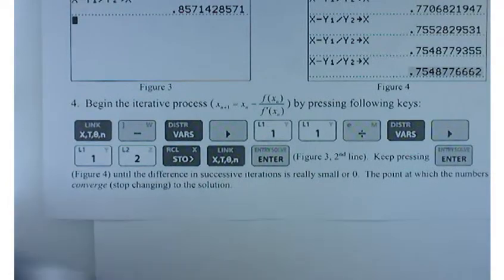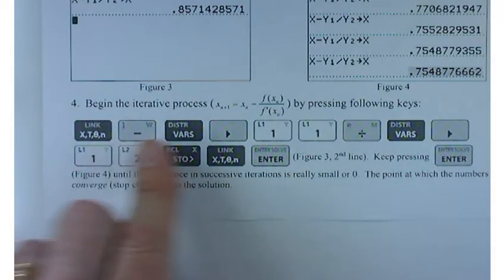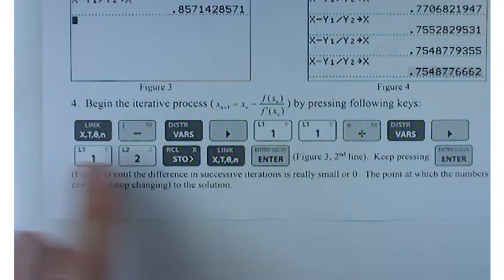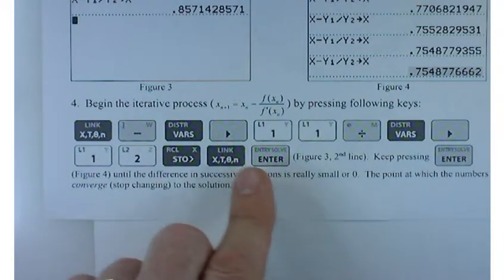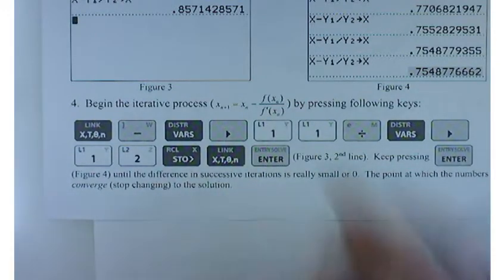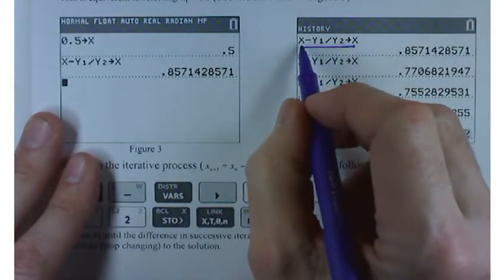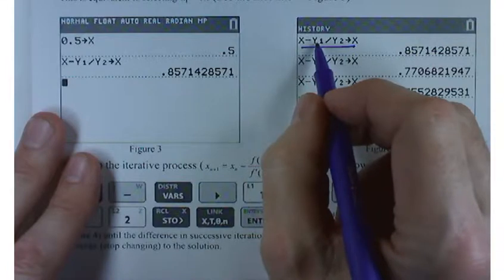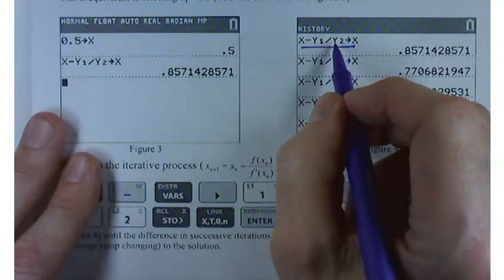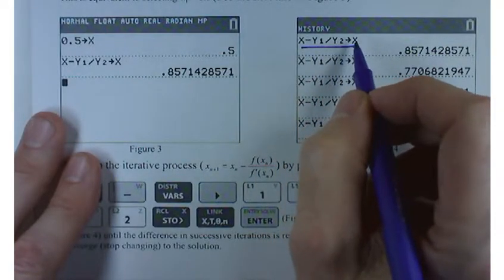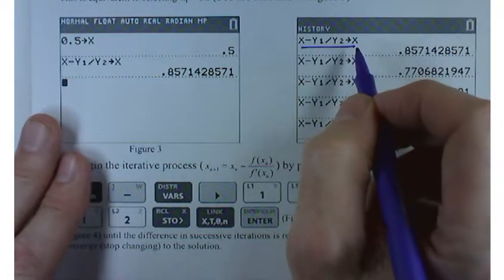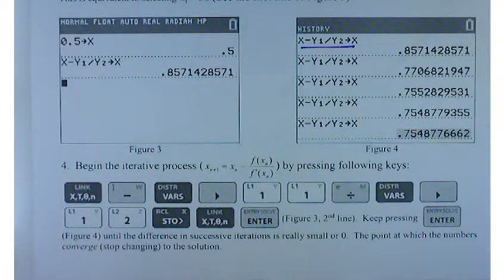See if you can press these keys in exactly the order that I have, and that should give you this part right here, which is your guess minus the function at your guess divided by the derivative at the guess, and then it stores it back in x. So you're going to update your guess, and it's going to continually update it.